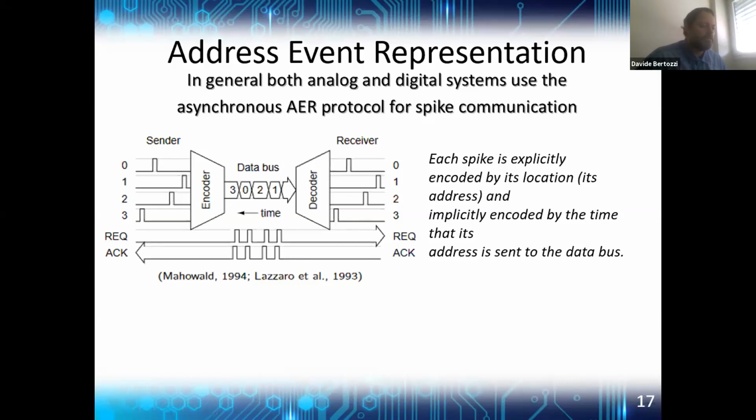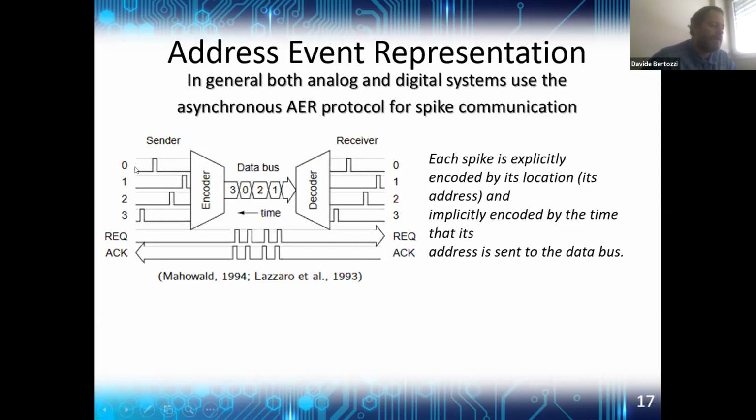The mechanism of AER representation is shown in this picture. You have incoming pulses here on the left-hand side from different channels, for instance, from different neurons, that are encoded by an encoder. And the encoder associates the address of the source to this spike.